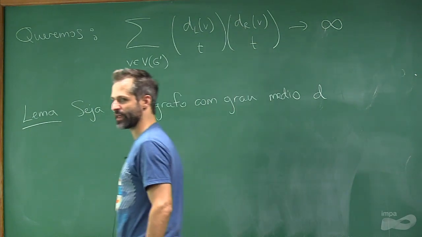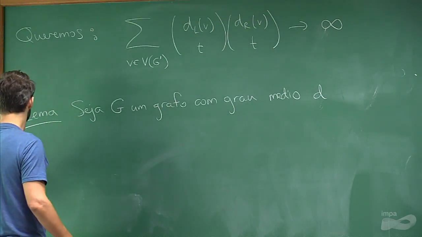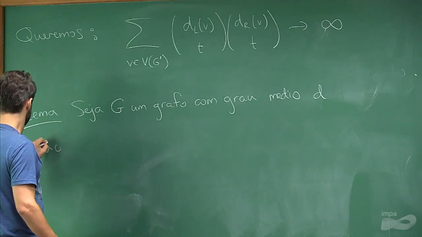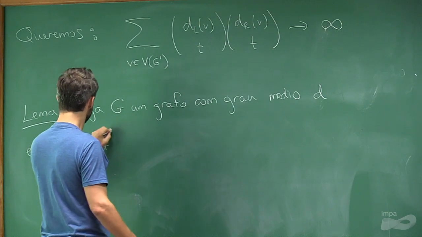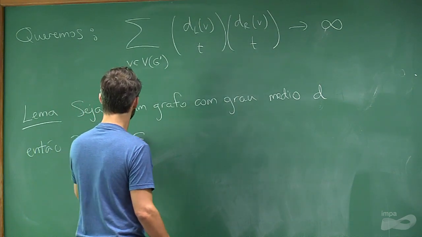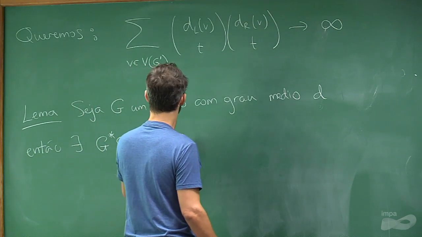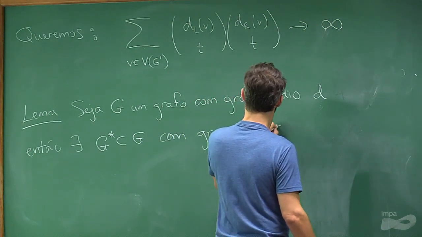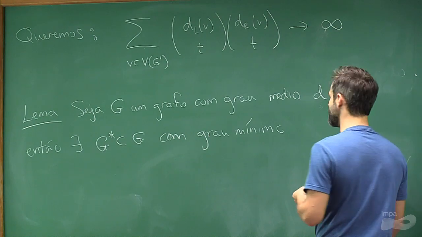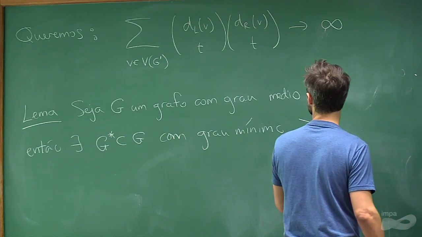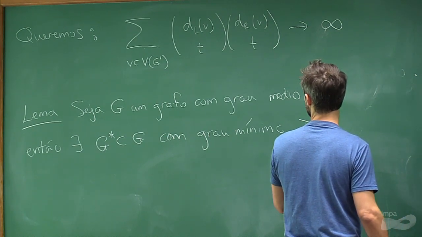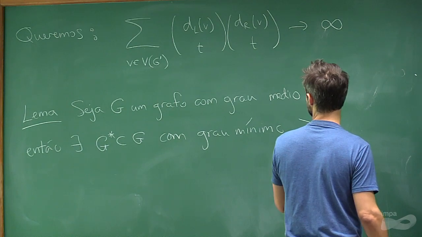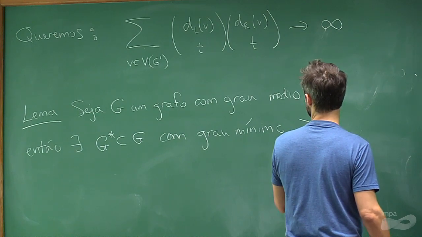So if G is a graph with average degree d, there exists a subgraph of G with minimum degree at least what?